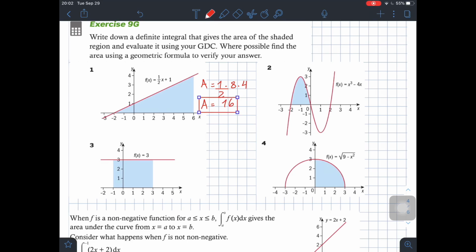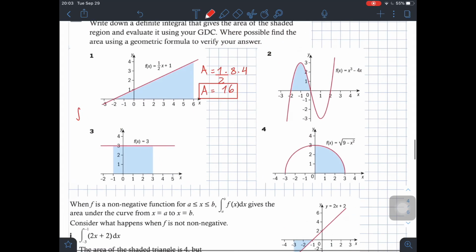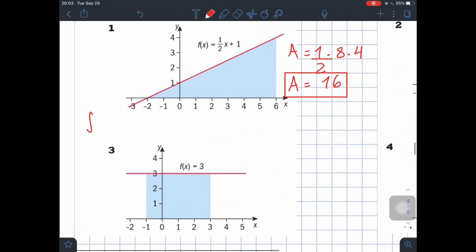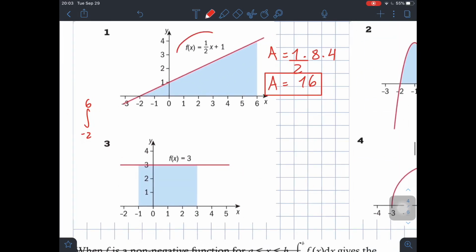This is how we calculate the area geometrically. And if we use the concept of definite integrals, we're going to say that this is the integral from -2 to 6 of this function over here, which is 1/2 x plus 1 with respect to x.